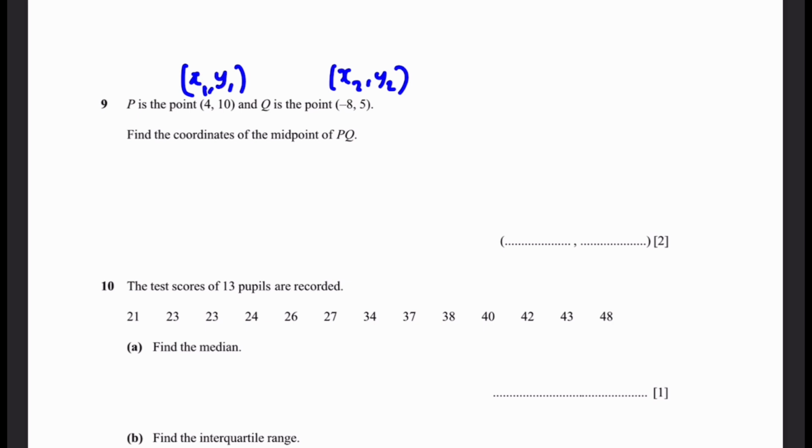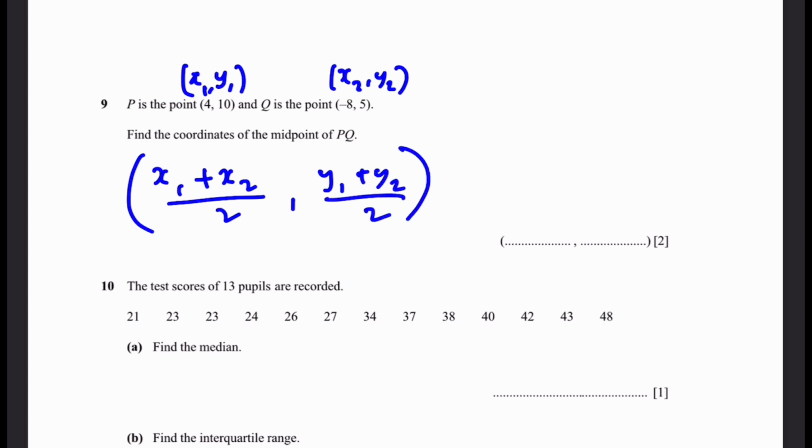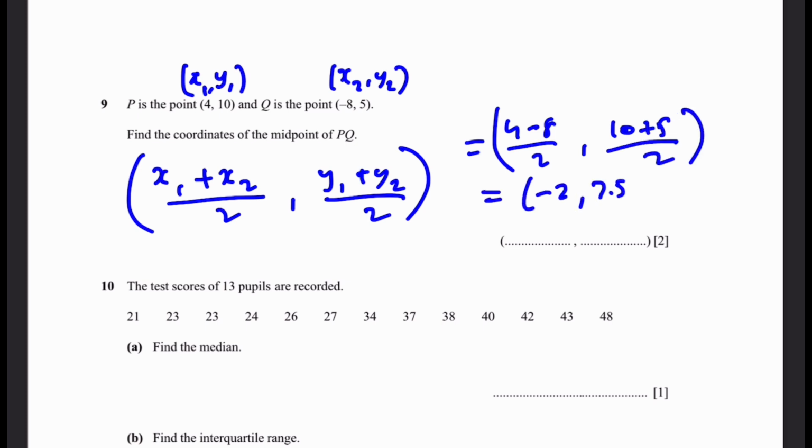So the midpoint formula is just x1 plus x2 by 2, y1 plus y2 by 2. We take the average of the first x values and then the y values, and that's the midpoint. So that'll be 4 minus 8 by 2, 10 plus 5 by 2. And that's simply going to be minus 2, 7.5, and that'll be our answer.